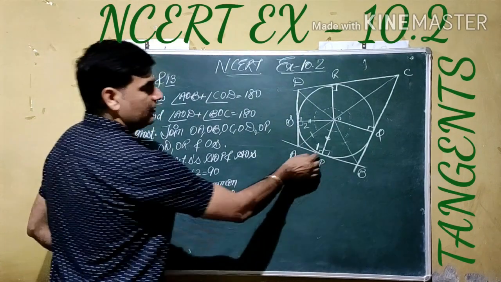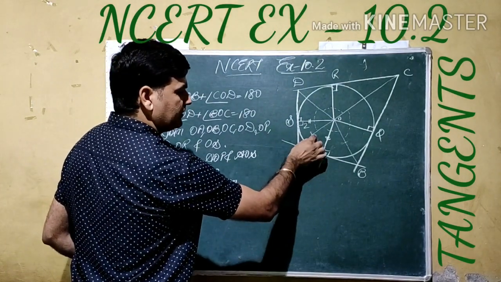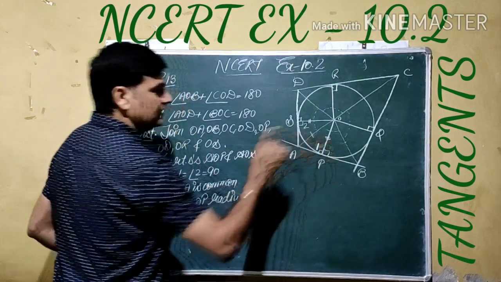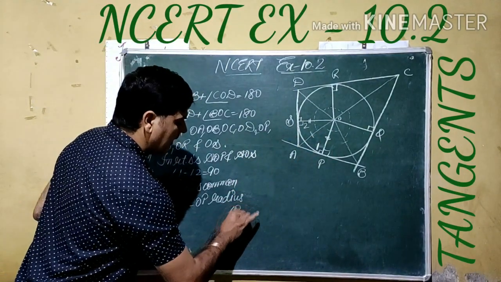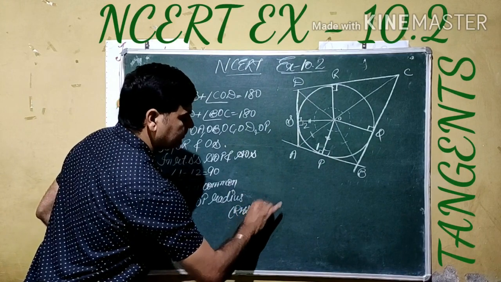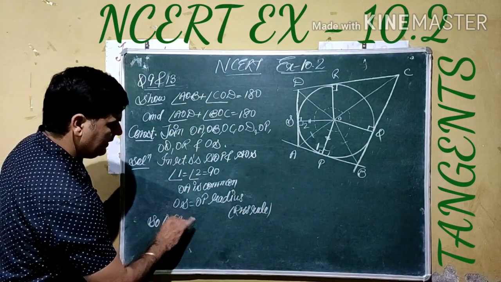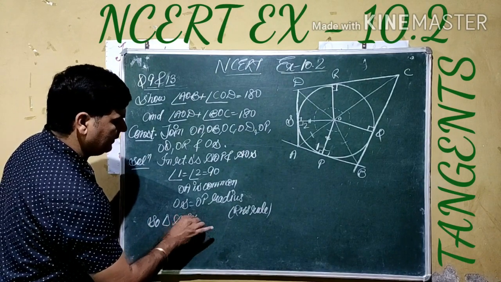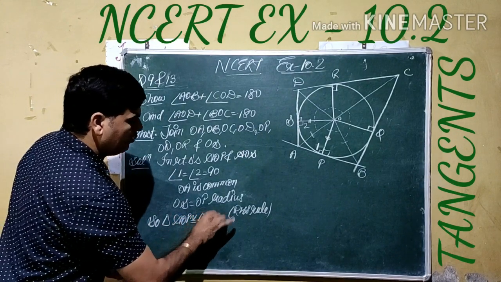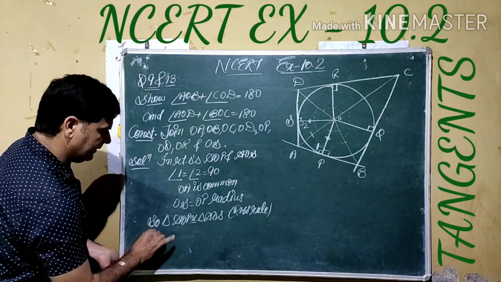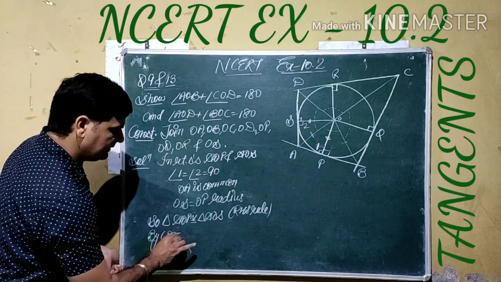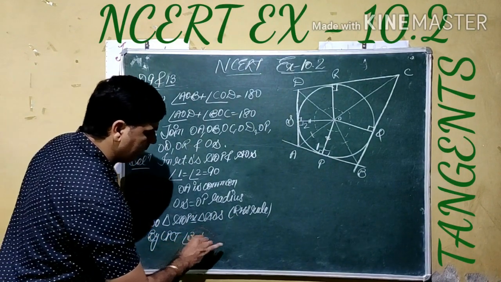If you see here, right angle, side opposite is the hypotenuse, one of the sides contains 90 degrees, so it becomes the RHS rule. So triangle AOP is congruent to triangle AOS. By CPCT, we can say angle number 3 and 4.